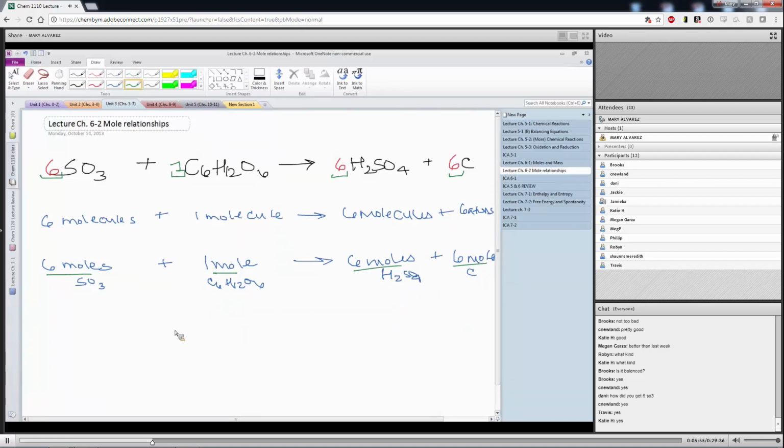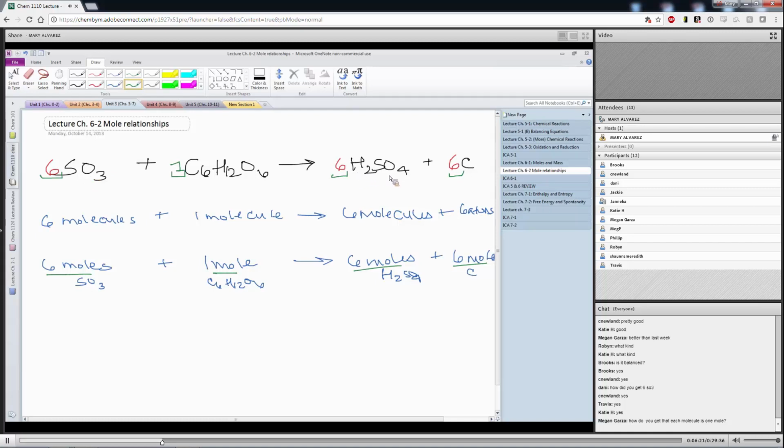In other words, if I want 6 moles of H2SO4, I'd better start with 6 moles of SO3. For the purposes of this reaction, 6 moles of H2SO4 is functionally equivalent to 6 moles of SO3, because if I start with 6 moles of SO3, then I can get 6 moles of H2SO4.